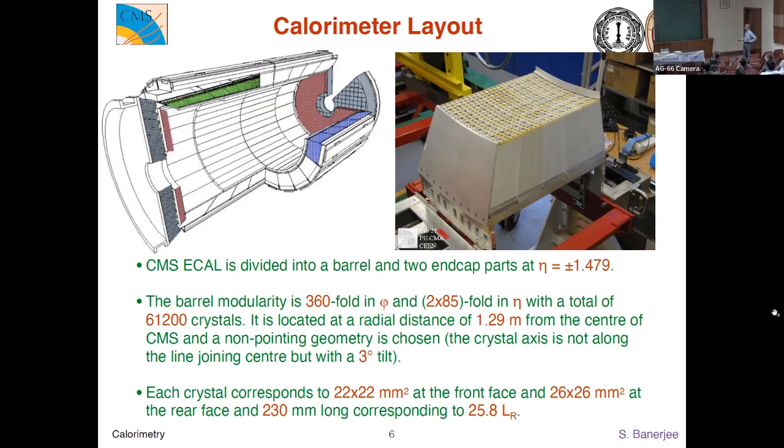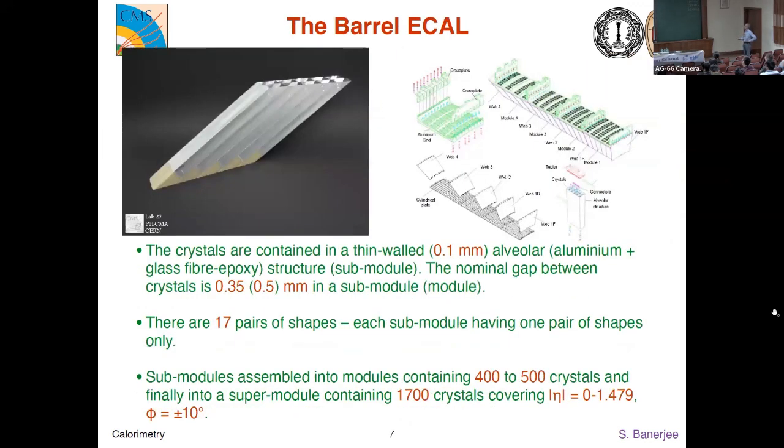Each crystal has a front surface of 22 by 22 and a back surface of 26 by 26. Since the crystals are to some extent pointing to the interaction point, we do not have one type of crystal. We have 17 different types of crystals, depending on the angle where they are produced.